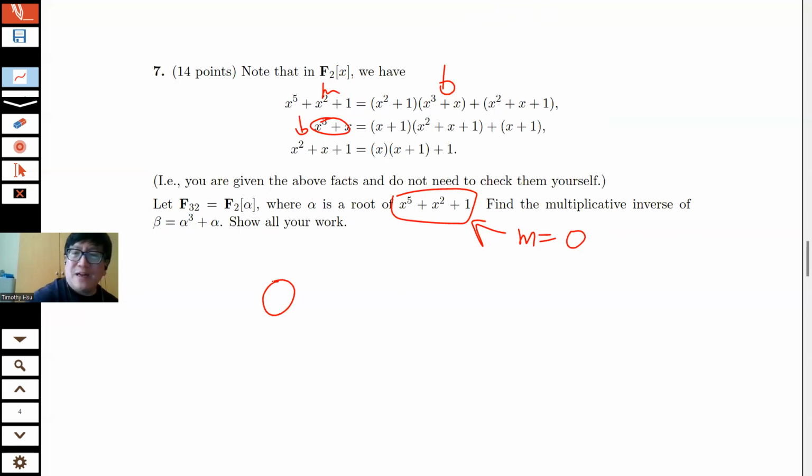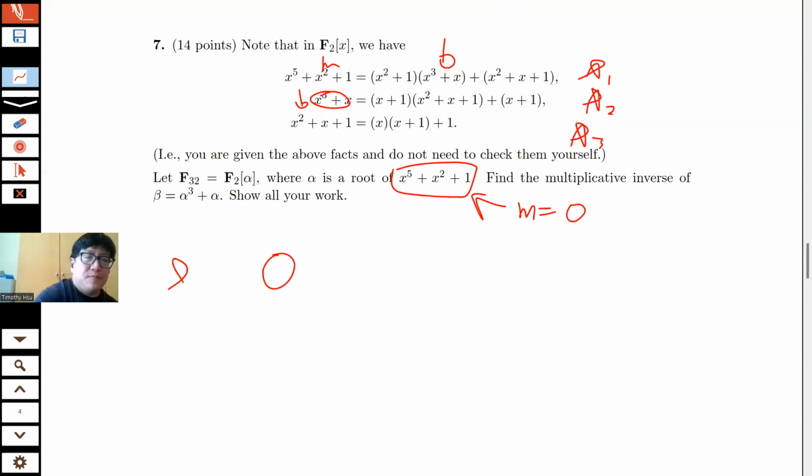So the first, yeah, I don't think I've ever done this with equation numbers, star 1, star 2, and star 3. So from star 1, we see that 0, because m is really equal to 0, is equal to x squared plus 1 times beta. Oops. I don't really want x squared plus 1. I'm going to be a little fussy here.